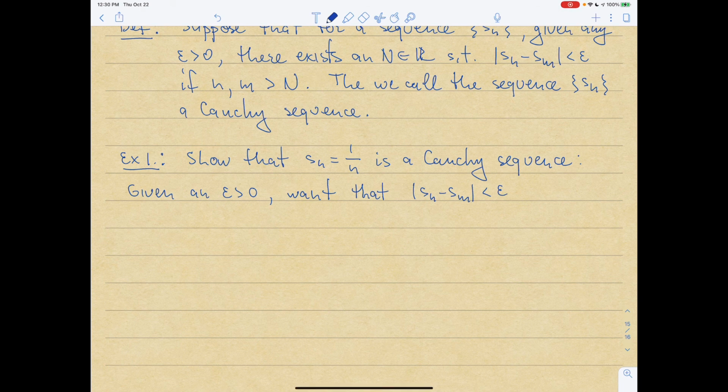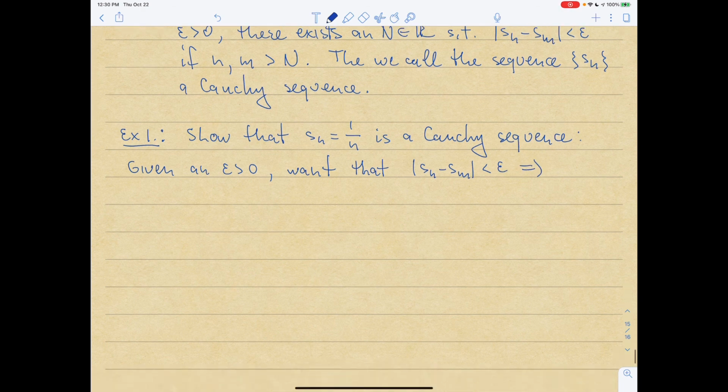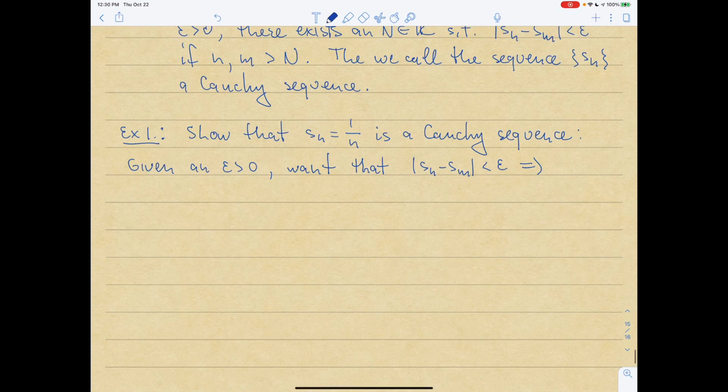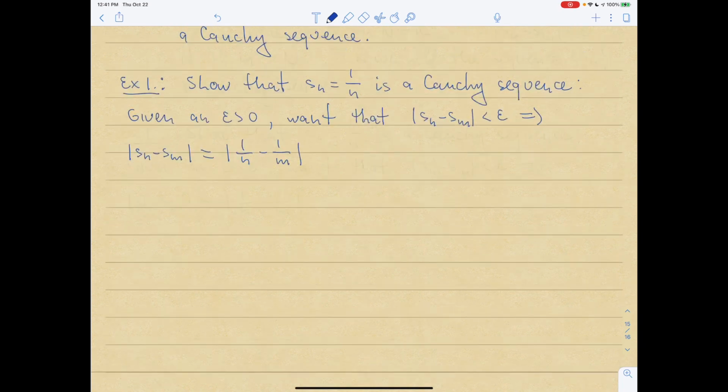Okay, but what does that mean? Sn minus Sm is, in this case, 1 over n minus 1 over m, right?